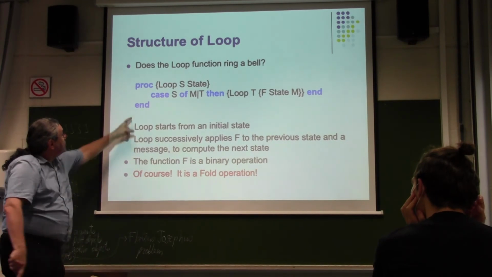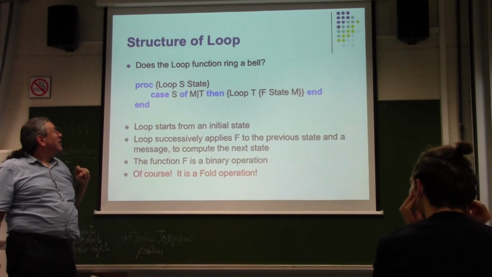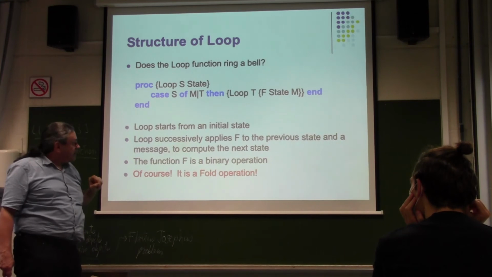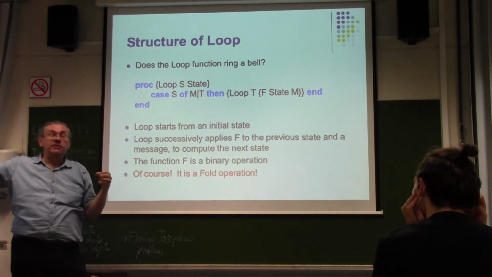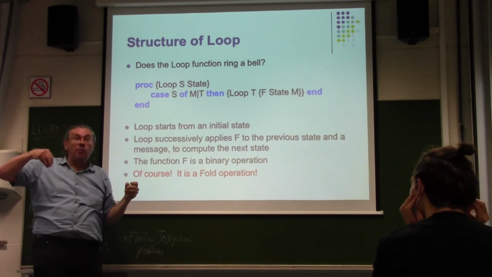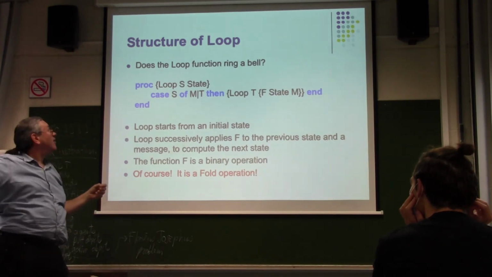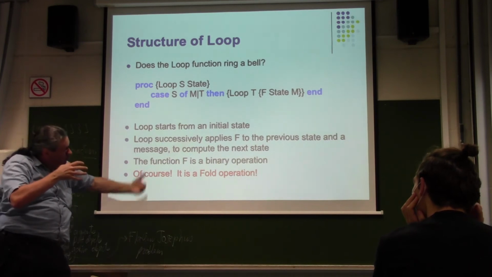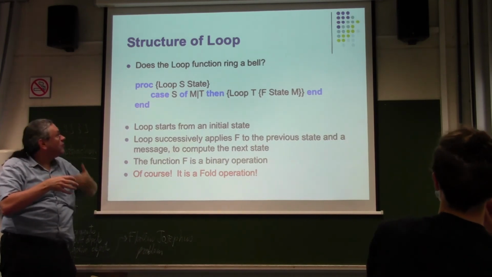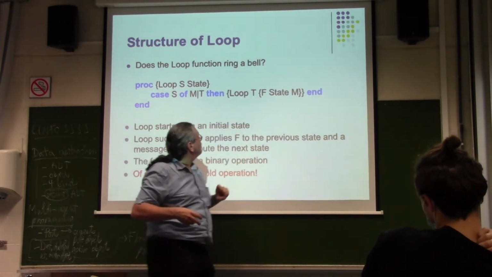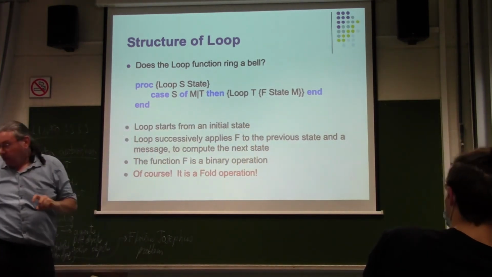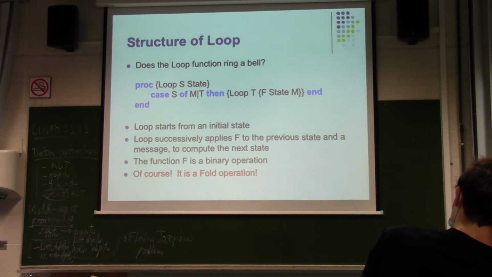Okay? This is actually doing the same thing. Instead of a list, you have a stream of messages, but it doesn't end. So it's like a fold operation that never ends. Okay? And each time it adds the new message into the state using the state transition function, which is binary. Okay?